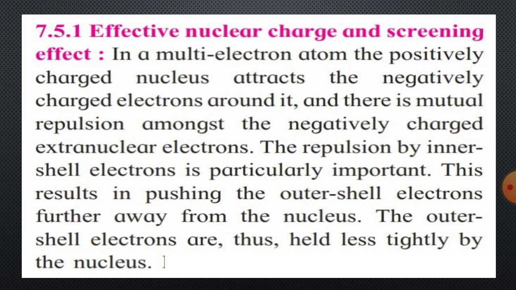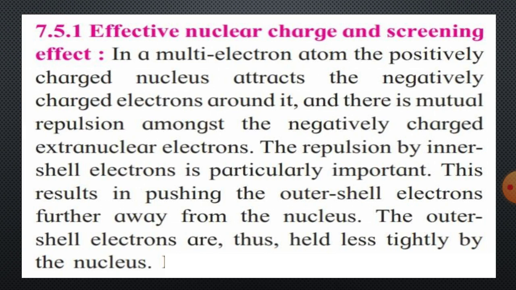This results in pushing the outer shell electrons further away from the nucleus. As we know, there are a number of shells present in an atom. The electron present in the first shell will be nearer to the nucleus, while the electron present in the second shell will be further away from the nucleus as compared to the first shell.